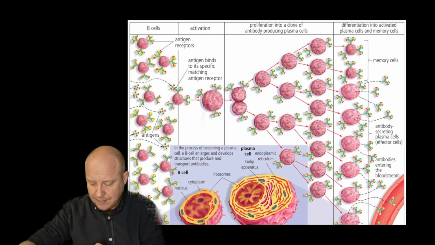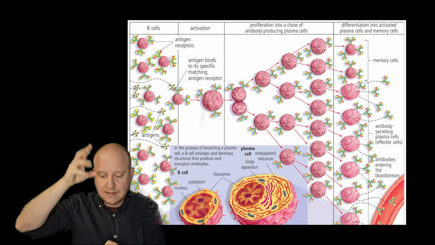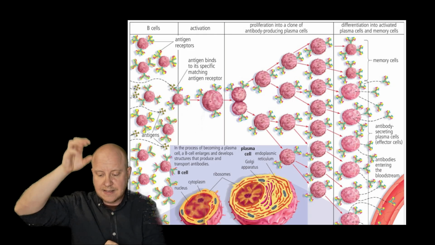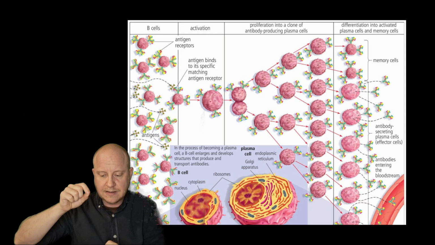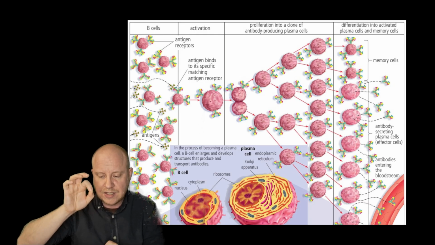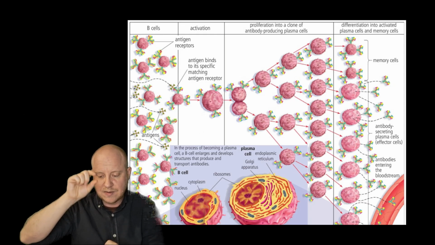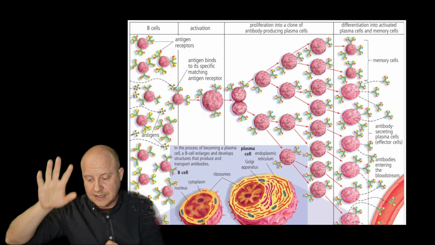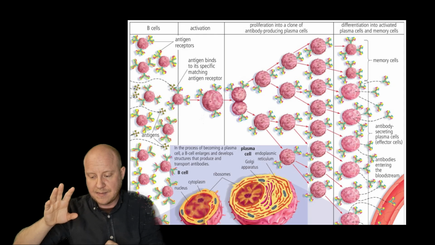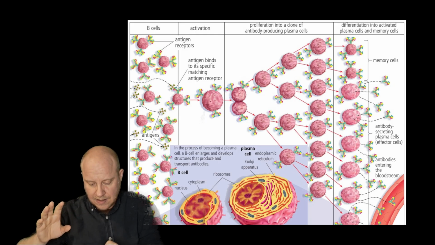The activated B lymphocyte undergoes repeated mitosis. So you have all the different kinds of B cells in your blood. Then the second column is showing activation. So an antigen binds to its specific matching antigen receptor. So there's a leukocyte that matches that one antigen. And then you have the proliferation into a clone of antibody-producing plasma cells.